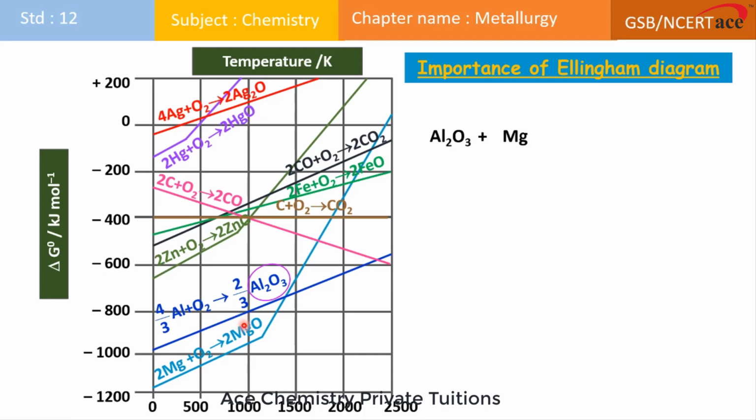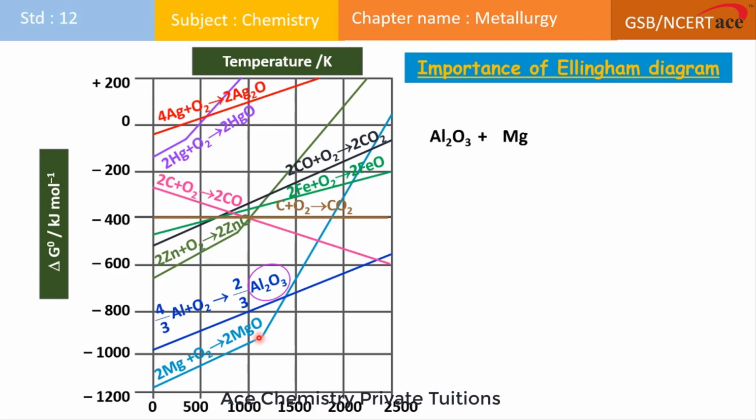So it depends upon the delta G naught value. If you'll see the graph of the formation of the magnesium oxide is just below the graph of the formation of the aluminium oxide. So the graph which is below, like magnesium oxide formation, is having more negative value of delta G naught. So more negative value of delta G naught favors what?